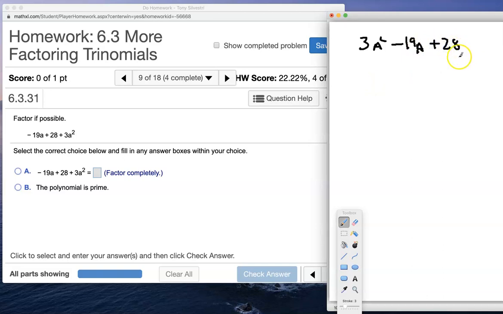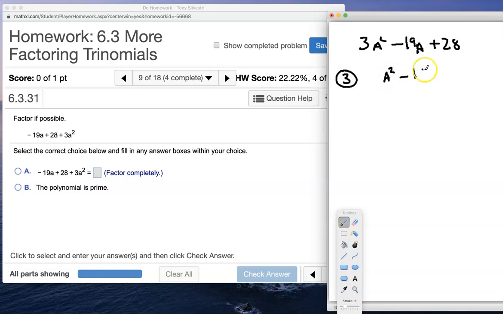Okay, the first step, can we pull out something? Can we do a greatest common factor? No, there's no greatest common factor. Toward the end, there's going to be a greatest common factor toward the end of these problems, but in this case, no. So we need to do that magic number technique where we take the 3 away from the a squared and convert this to another expression that we could solve.